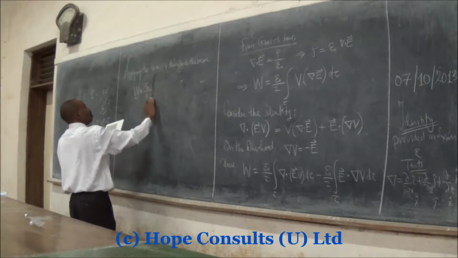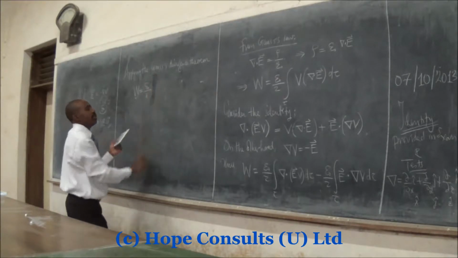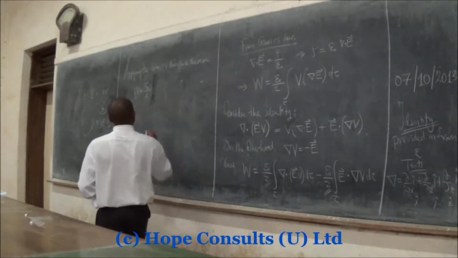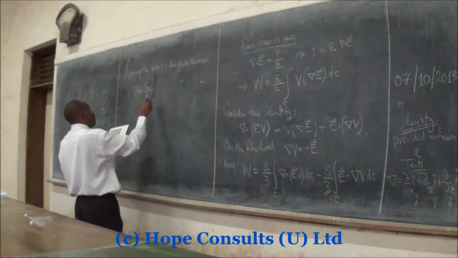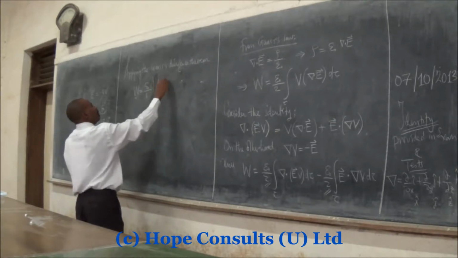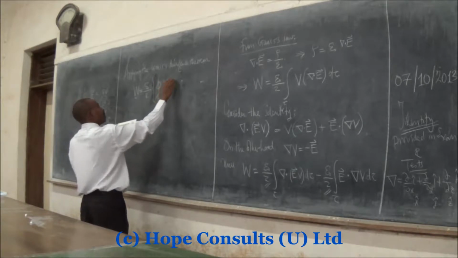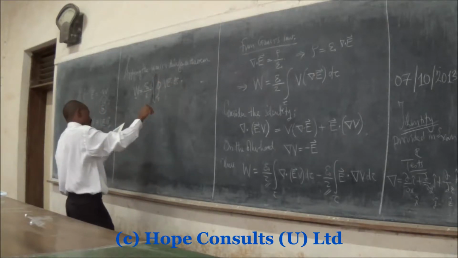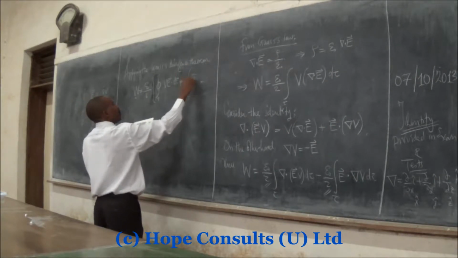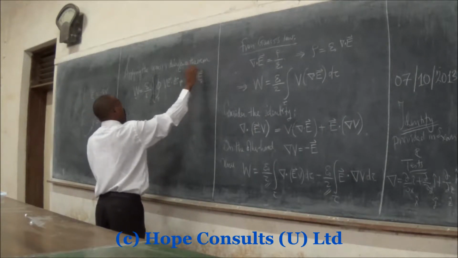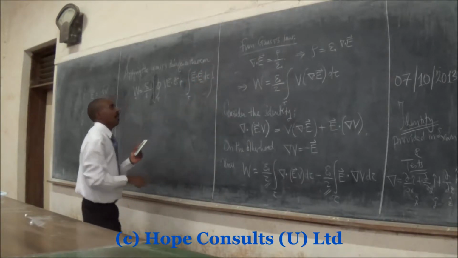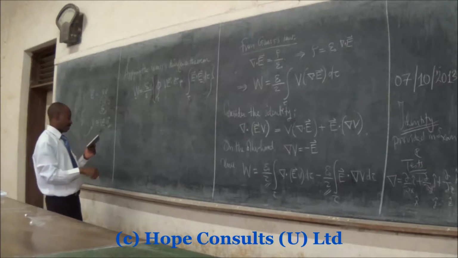Since it is common to both, I will say integral over the surface S of VE dot dS plus integral over the volume tau of E dot E d tau, and I close my brackets.